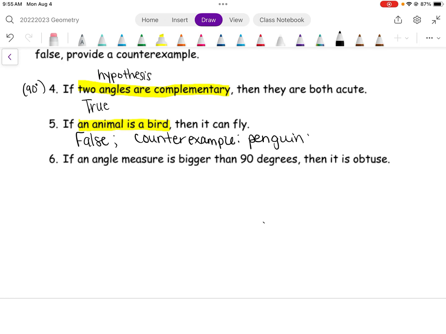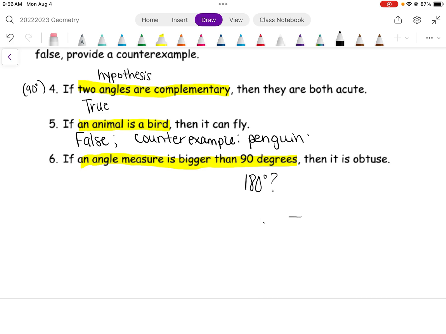Anyways, number 6. If an angle measure is bigger than 90 degrees, then it is obtuse. This is also one that I want you to think about. Maybe pause for a second if you need more time to think about it. Can you come up with a counterexample? Well, the hypothesis is an angle bigger than 90 degrees. It could be anything greater than 90 degrees. What about 180 degrees? Is that obtuse?